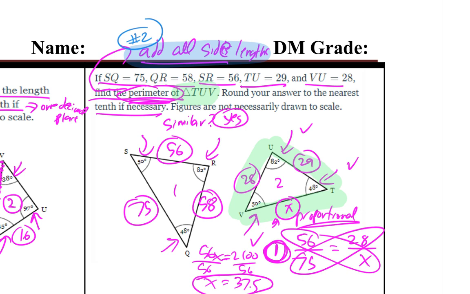For step number 2, we're going to add all the sides. The perimeter is going to be 28 plus 29, from right here, plus our last one of 37.5.